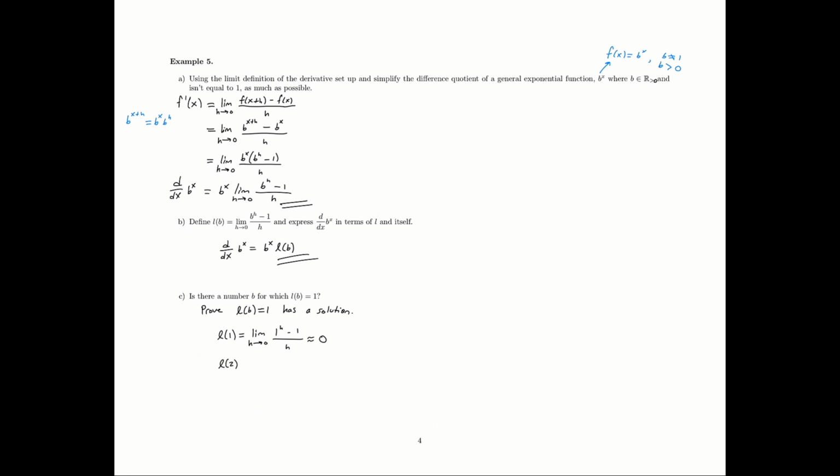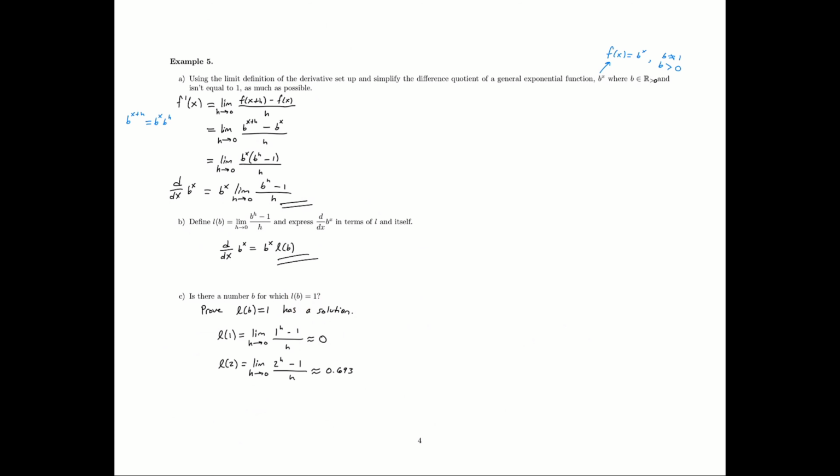Let's check out L of 2. So this would be the limit as h goes to 0 of 2 to the h minus 1 over h. This approaches some number, 0.693. Okay, so hey, that's good. 0 to almost 0.7. We're getting closer to 1.